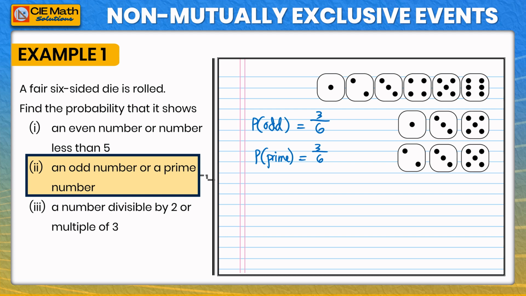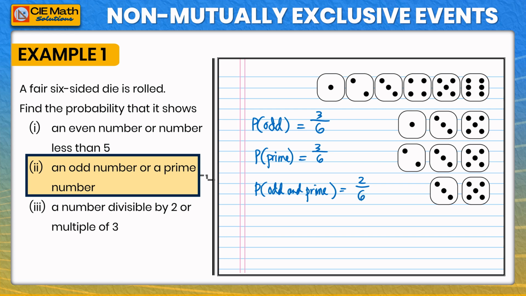Again, take note if these events are mutually exclusive or not. If we take a look at the results, there is a common element. We have then the common elements, there are 2. We have 3 and 5. So the probability of getting odd and prime at the same time is equal to 2 over 6.